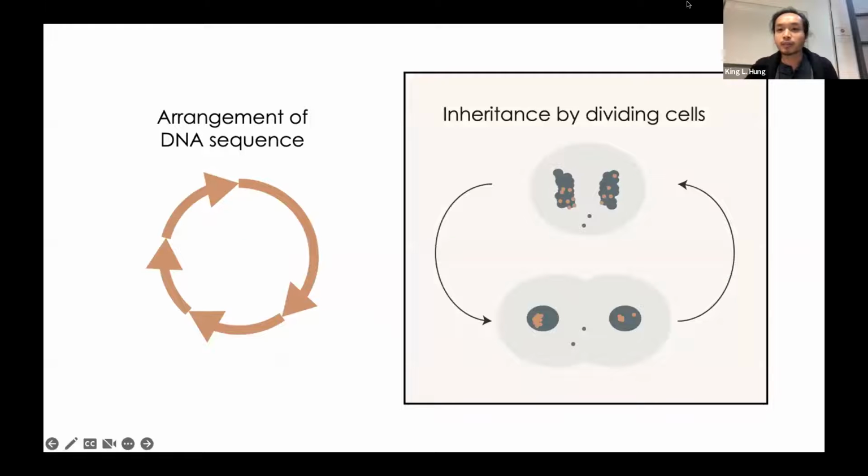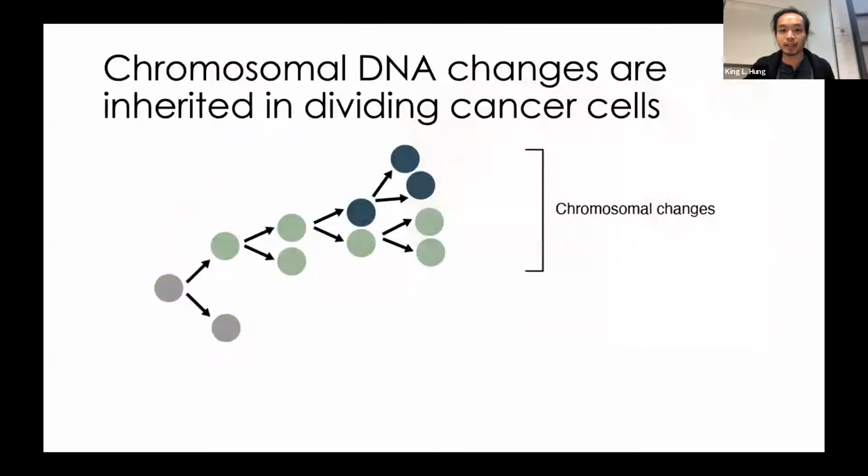Okay, so moving on to the second part of my talk, I'll talk about the inheritance of ecDNA by dividing cells. The central idea of cancer genetics is that chromosomal DNA changes are inherited by dividing cancer cells, right? So for example, if this gray cell divides and acquires a mutation and becomes this green cell, all of the progeny of this green cell will have this mutation.